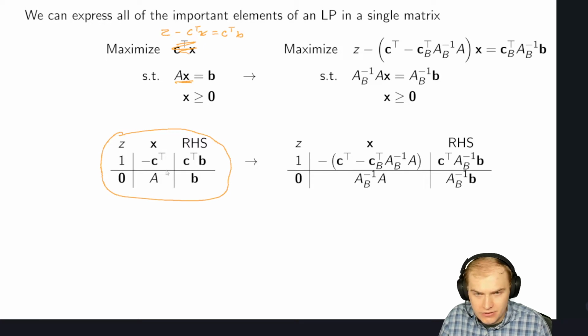So we have a negative C transpose here, and then we do the same thing for our canonical form. We put it in this matrix.